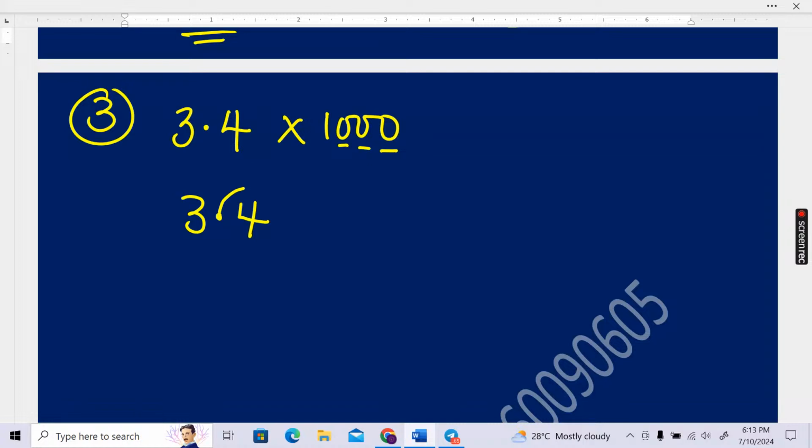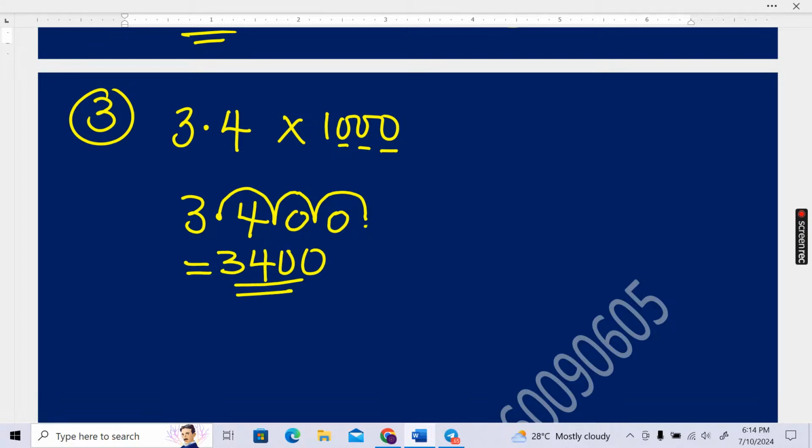So let's do it together. 1, 2, 3. My decimal point has been shifted outside. So these empty spaces will have zeros filling them up. So the answer will be equal to 3,400. 3.4 times 1,000 is equal to 3,400. Now let's look at the next one.